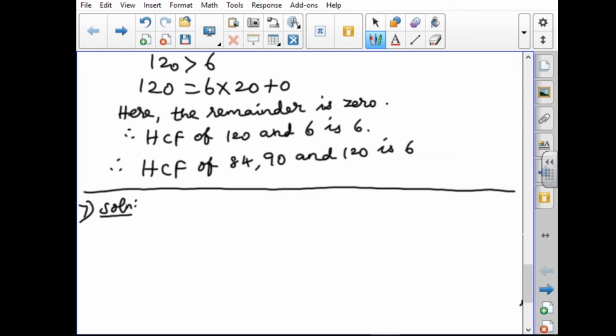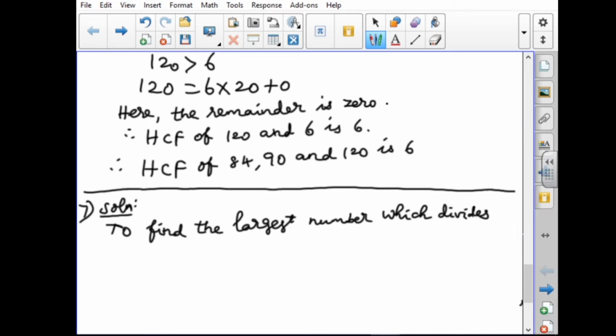Solution. To find the largest number which divides 1230 and 1926, leaving remainder 12.